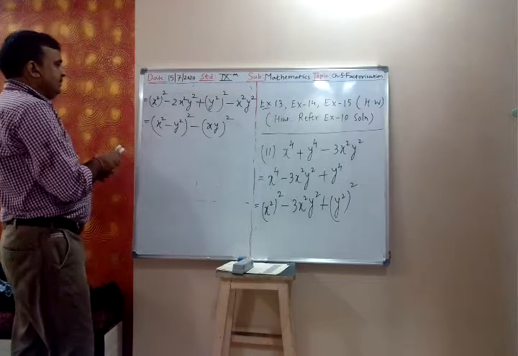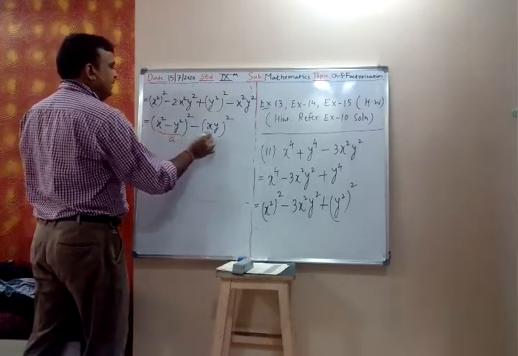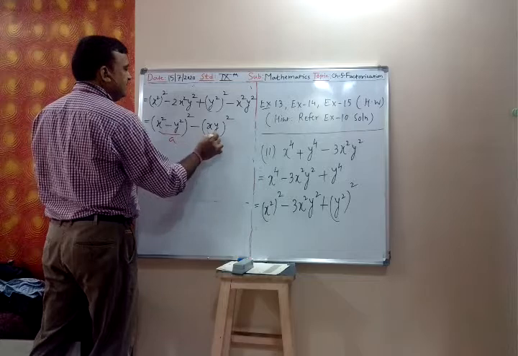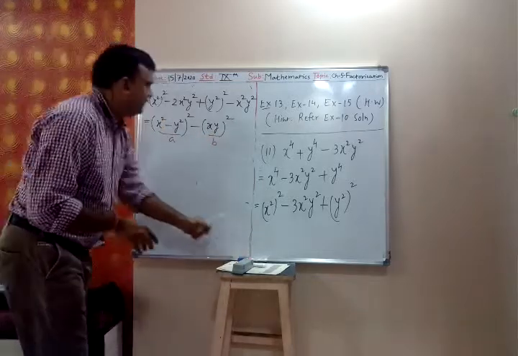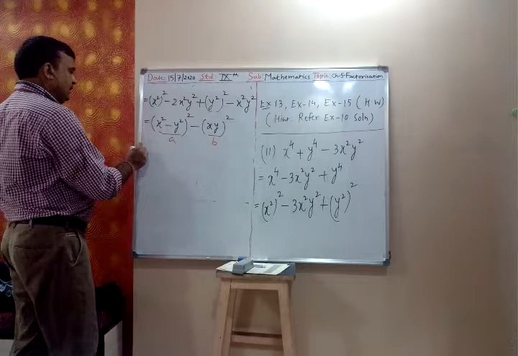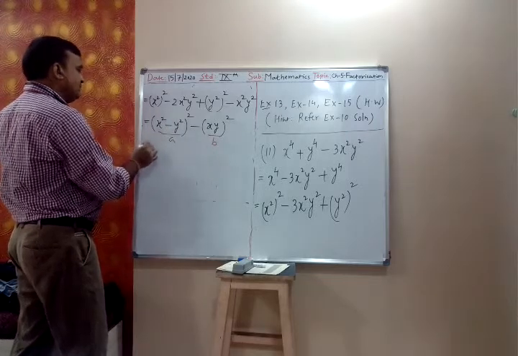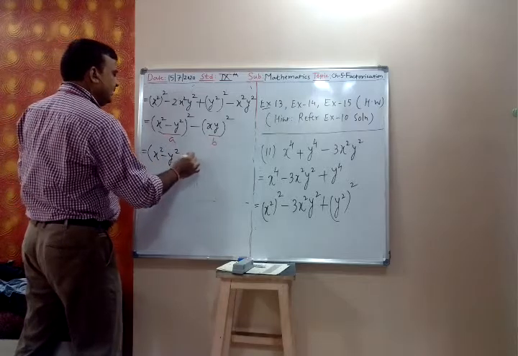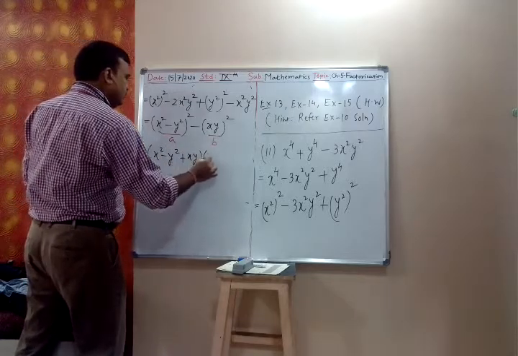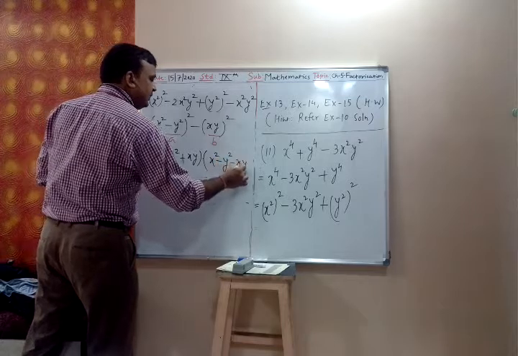Now this bracket term I can consider as a, and xy is b. So now we have a square minus b square, which is a plus b into a minus b. So that will be x square minus y square plus xy, into x square minus y square minus xy.